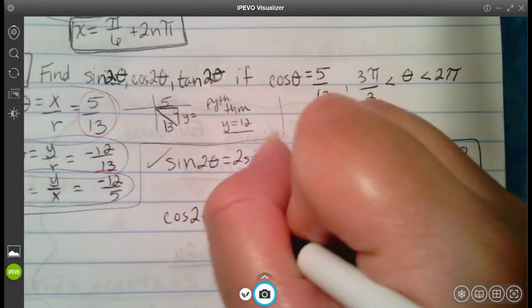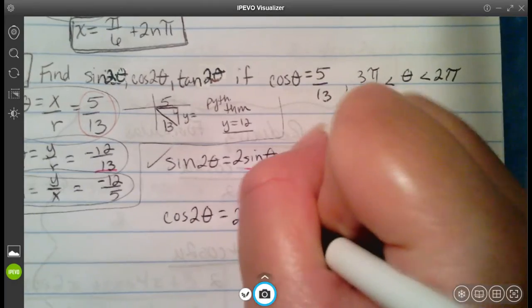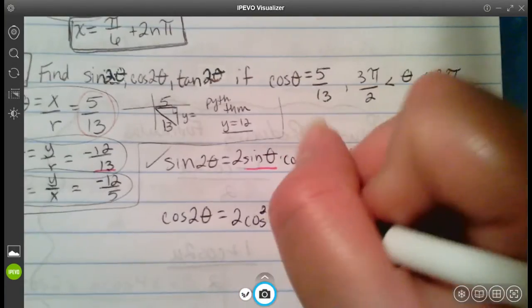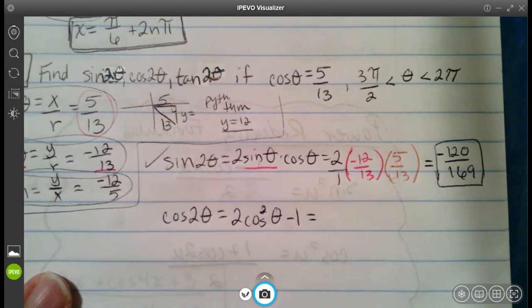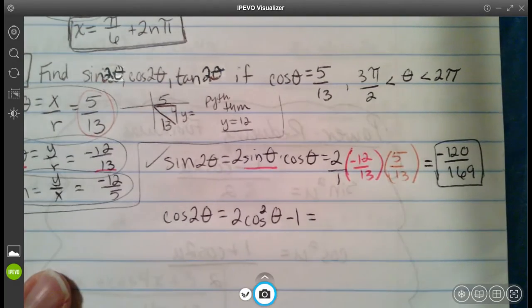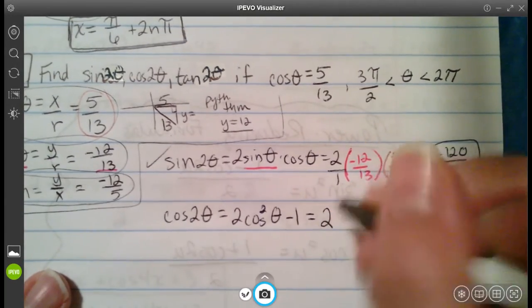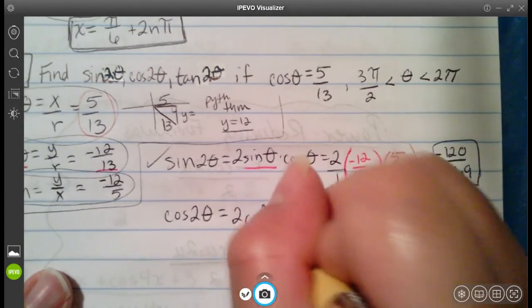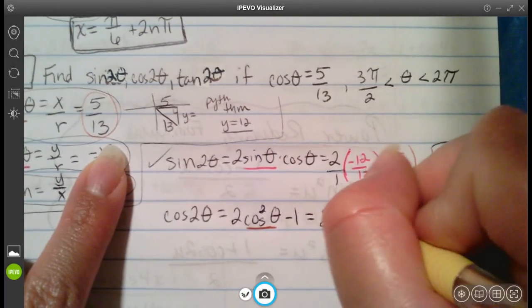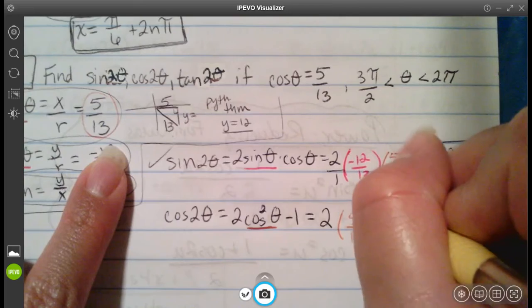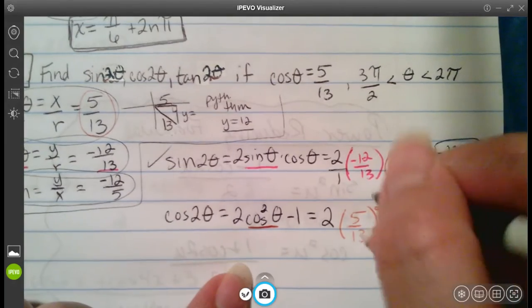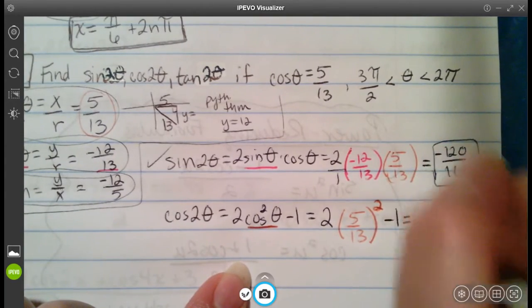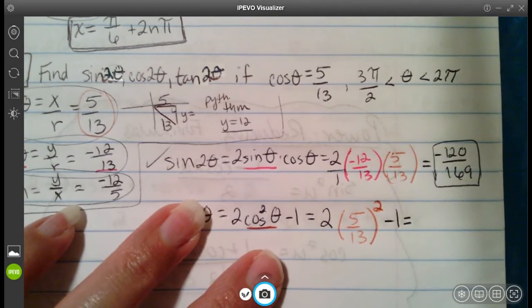So 2 cosine squared theta minus 1. That's going to give us, let's see, cosine of theta was equal to 5 over 13. So we're going to have 2, there's a 2 in front, times, we have to square it. So I'm going to take this 5 over 13 and square it. That's what it tells us to do here, minus 1. This one requires a little bit more work, but it's basically the same thing.